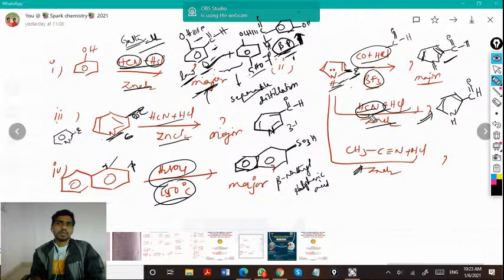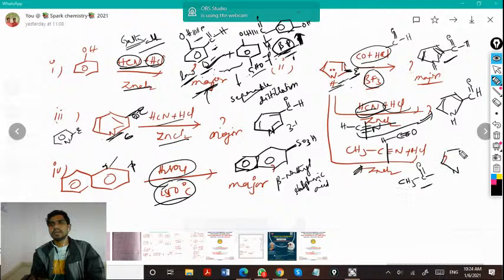If I write in detail, this is going to break and convert into C double bond O, and H is the same. If the same is attached with methyl, it's going to give the addition of an acetyl group. So the resulting product will be 2-acetyl.